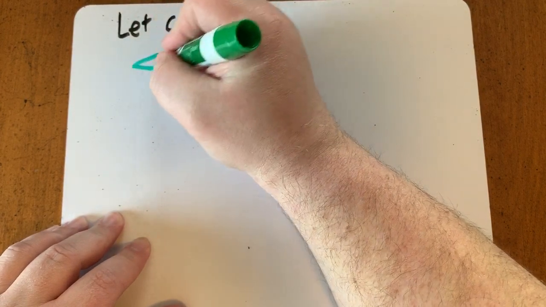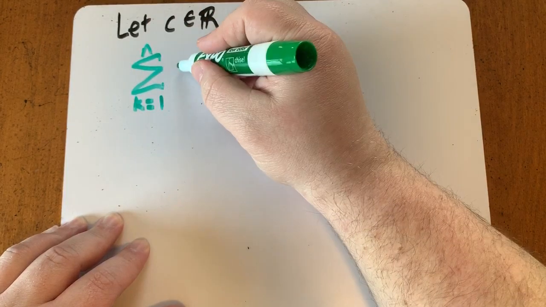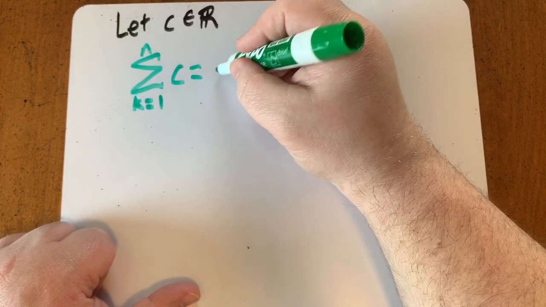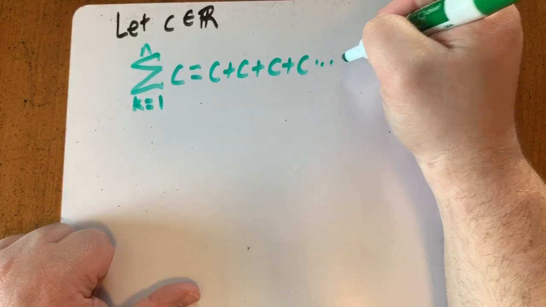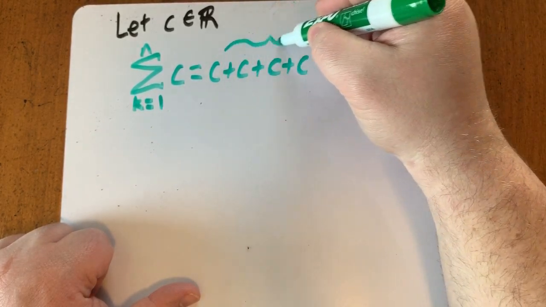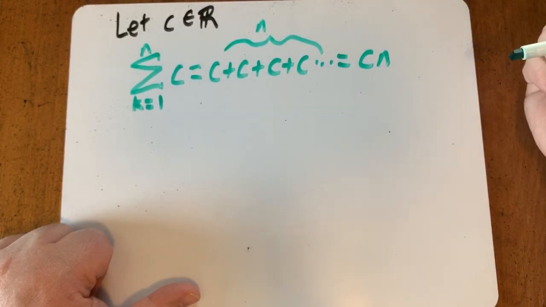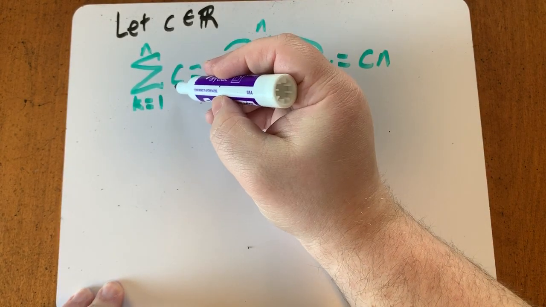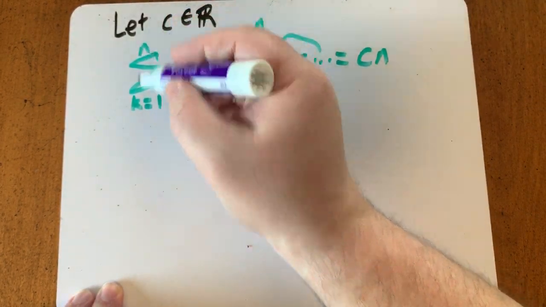Our first one: if we have a sum of just a constant, really all that's saying is C plus C plus C plus C over and over until you reach n times. So it's really just C times n. If you have the sum of a constant, it's just the constant times the number of times you're adding it.